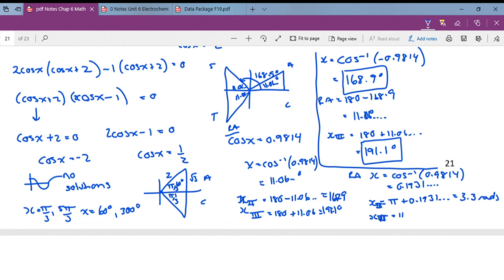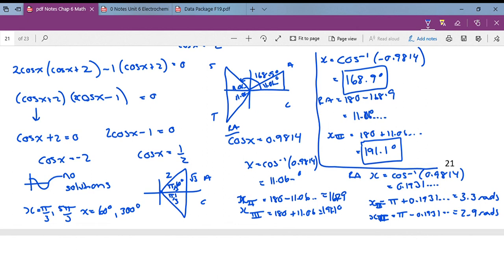So sorry, quadrant 2 should have been pi minus 0.1931. So then I do it again. I go pi minus recall A, which gives me 2.9 radians. So quadrant 2, you do pi minus. Quadrant 3, you do pi plus, but you get your answers in radians.